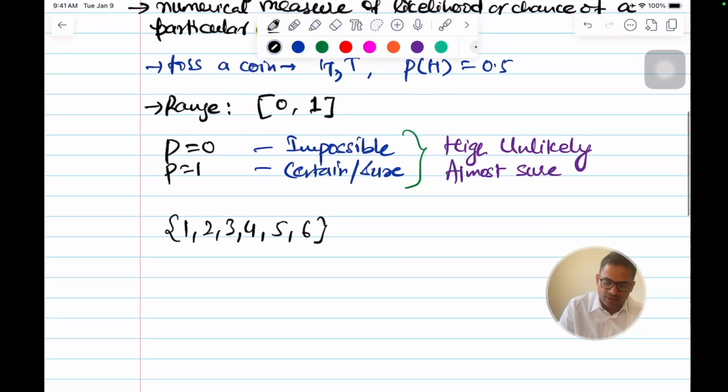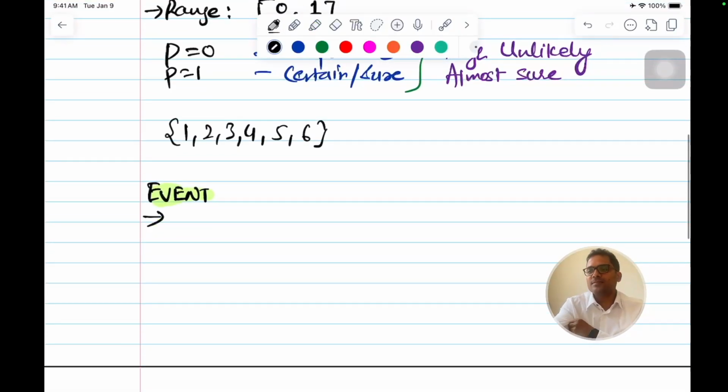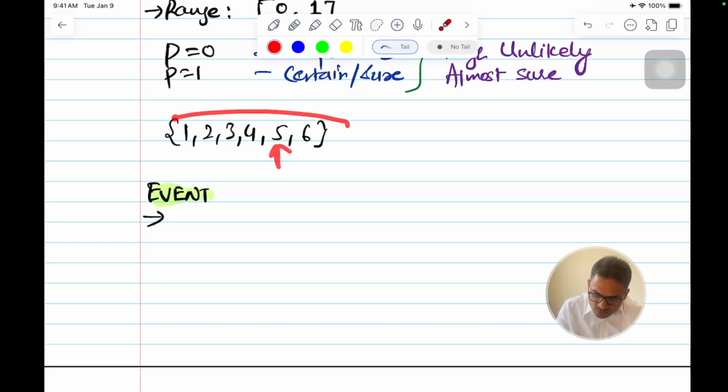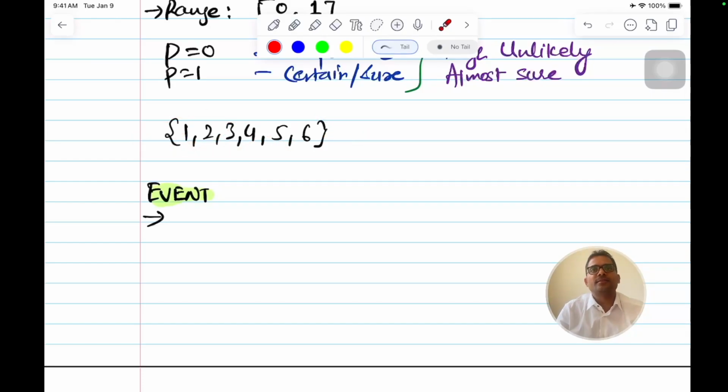So let me define the event for you. When I say event, it means an outcome or a set of possible outcomes of an experiment, as I mentioned here, right? This is an outcome or a set of possible outcomes of an experiment, like rolling a die.